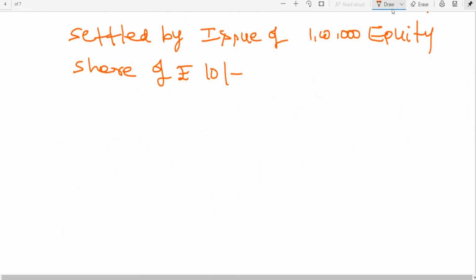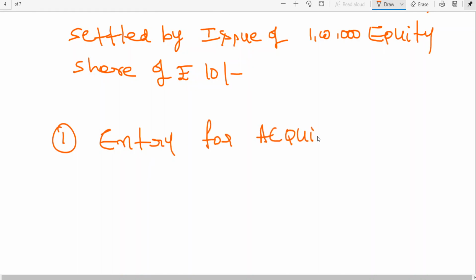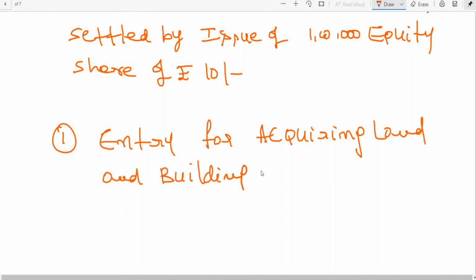Come on, now we shall write the entries. See, I told you that you are buying the asset, but you are not making payment in cash. The entry will be the entry for acquiring land and building from vendor. He will be called the vendor. Who is vendor?